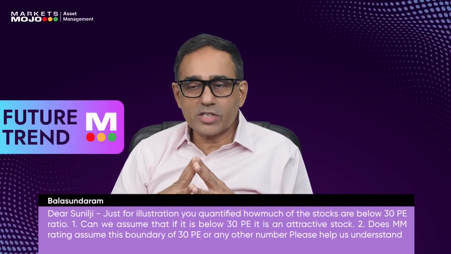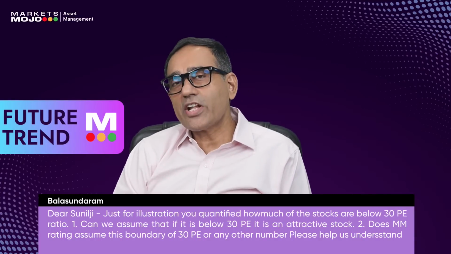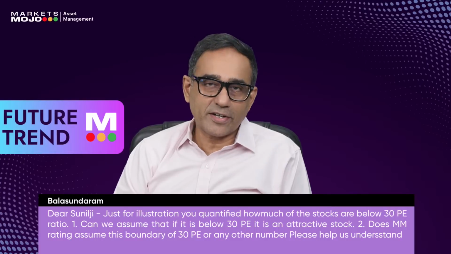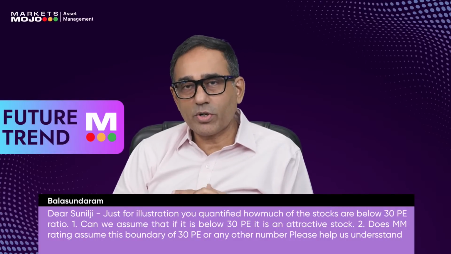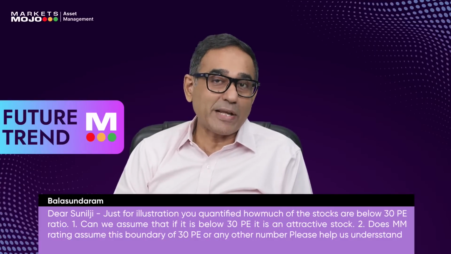PE in isolation is not a way to look at it, but when you combine it as an industry, as an aggregate, it gives a very good indicator of where we are trading. In our IP, we use various parameters. We look at price to earning and also price to earning growth, PEG, to understand whether valuation is right, high or low.